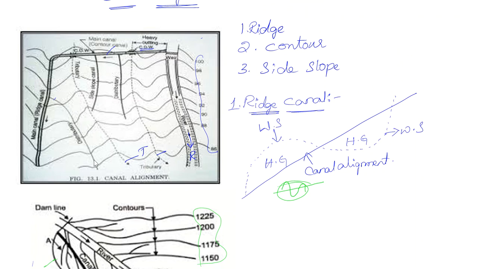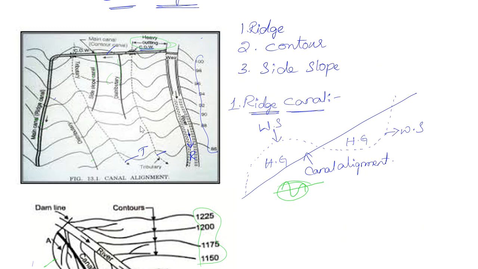What are the tributaries we have? This is going to be the distributary line. This is your main line or main canal, and here come your cross drainage works. This land comes under cutting, and here are your contour canals which are passing over different contours. This main canal can also be called your ridge canal.